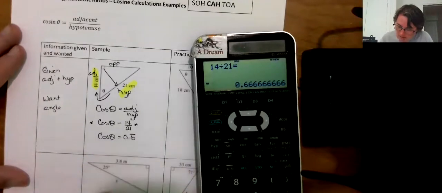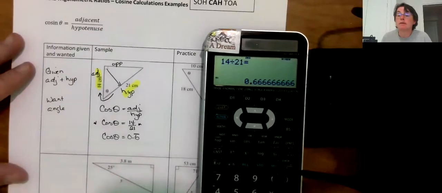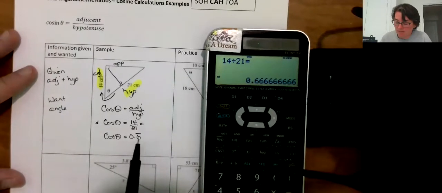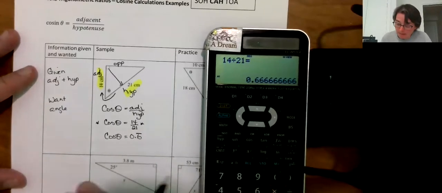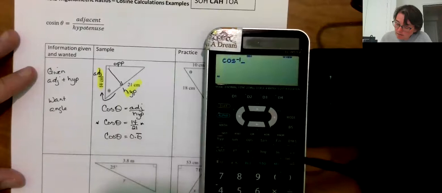0.6. Now, if you're going, hey, wait a minute, you said we always have to carry 4 decimal places. That's fine. 0.6667 would be fine, but because it's a repeating decimal 6, I just kind of cheated. Now to find my angle, anytime I'm looking for the angle, it's going to be second and cos.